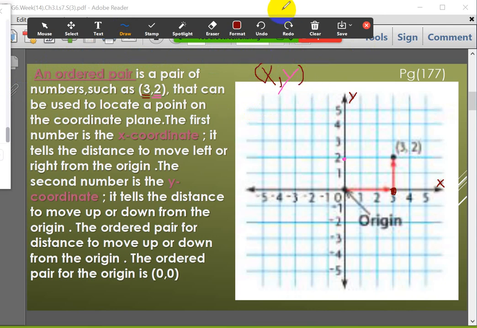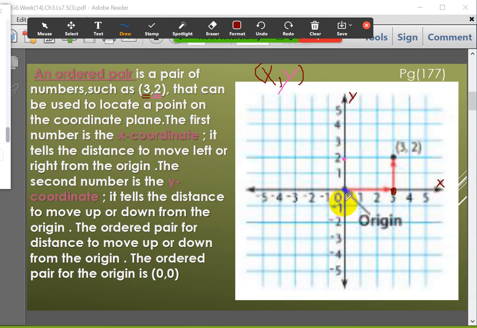So to describe any point in the coordinate plane, the example gives me 2 numbers. The first one is the x. That means I have to move left or right. According to the sign, which is positive here, that means I have to move right. I have to move 3. That means I have to move to the 3 here. This is the x coordinate. What about the y coordinate?